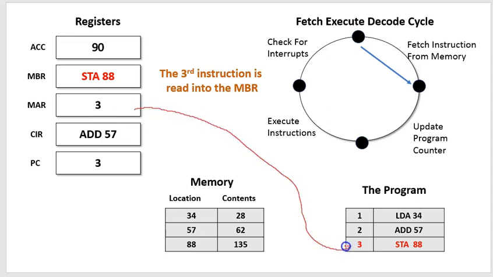You can see here that we go to 3, and now we're going to use the contents, which is this instruction. This will now go to the memory buffer register and be placed there. Okay.